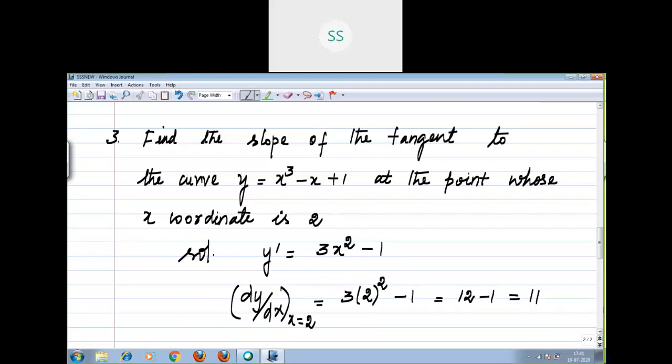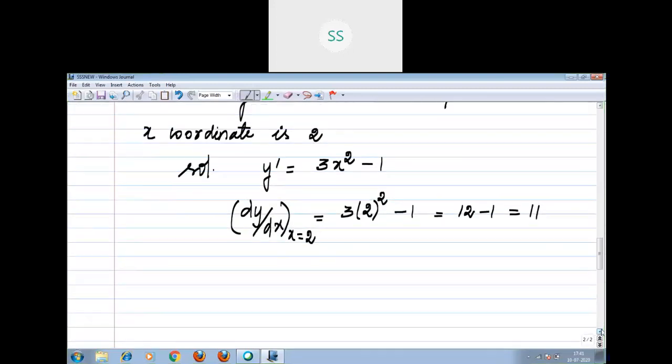Therefore, slope of the tangent is equal to 11. Right? I'll pass on to question number 4. What is question number 4?